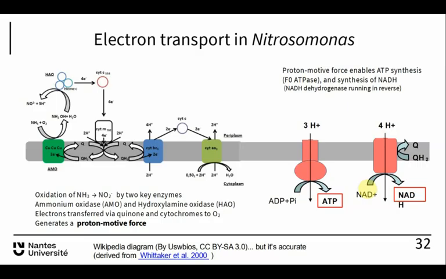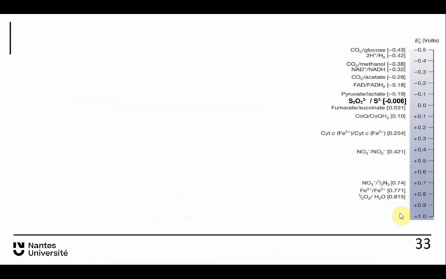If you've got a strong enough proton motive force, then you can force NAD+ to accept some extra electrons and generate NADH that way. So chemolithoautotrophs are doing difficult things, but they manage to generate ATP, proton motive force, and NADH from some inorganic chemical reactions.